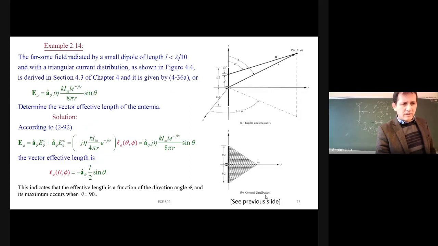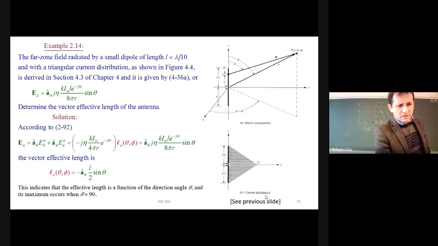Now, here we have an example. So we can have a far zone field radiated by a small dipole element given by a length scale which is smaller than 1/10 of the wavelength, and it has a triangular current distribution as shown in this figure. Now, the antenna we're discussing is a dipole antenna. It has a geometry which is shown on the right side of the slide.